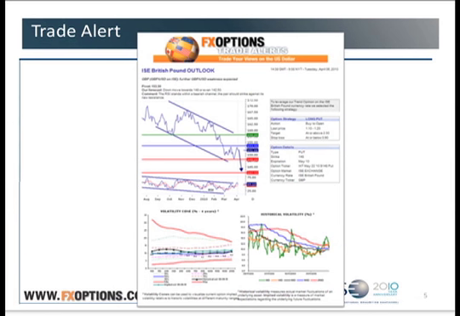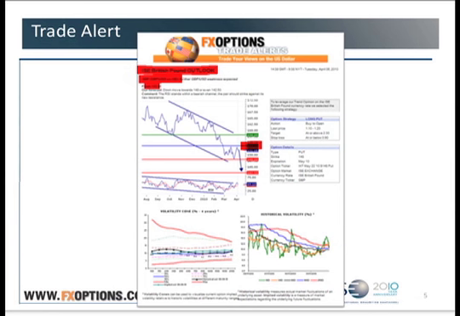So on this slide, you can see what a trade alert looks like. We have here the underlying, in this case the British pound. You can find what is our opinion with a point of invalidation, which is the blue line, and what kind of option we would like to buy to play this scenario.